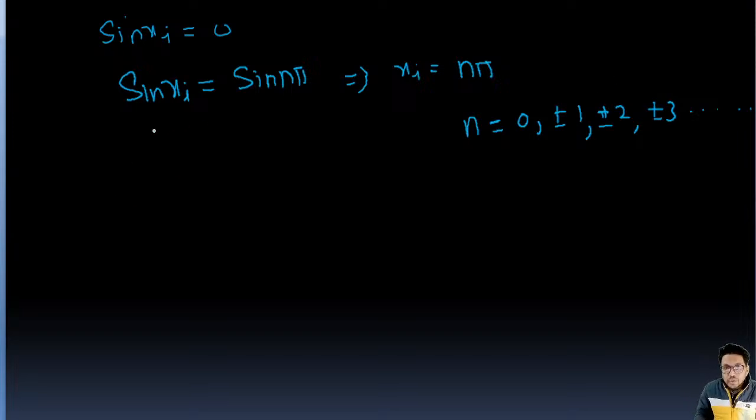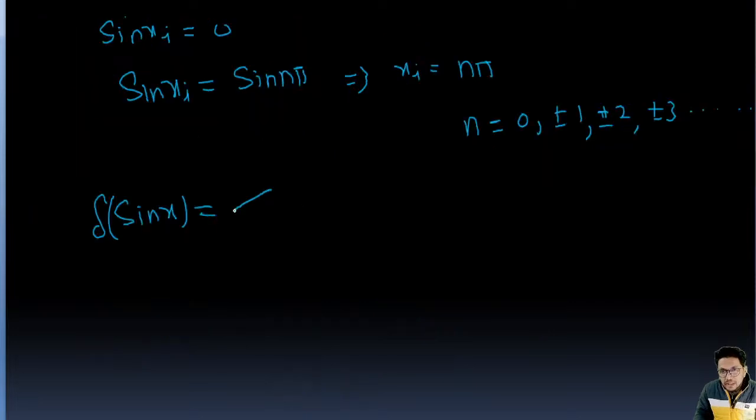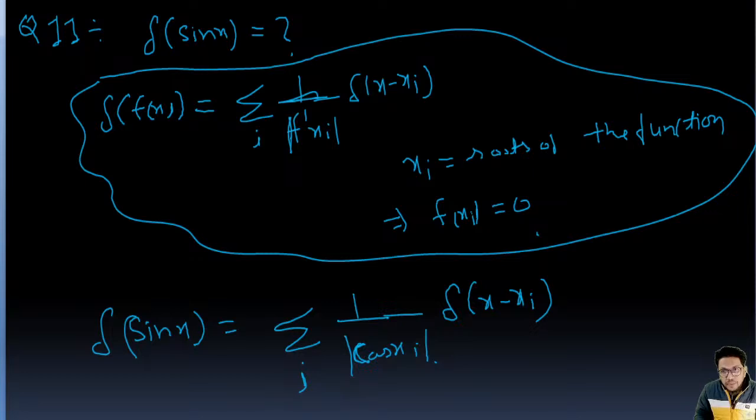Okay, so we'll put this value here. So delta sin x is going to be sigma over n of 1 upon mod cos xi. Now in place of xi we'll write n pi.